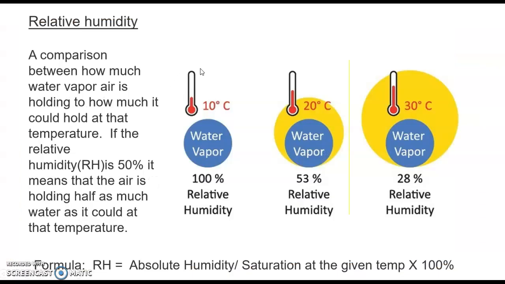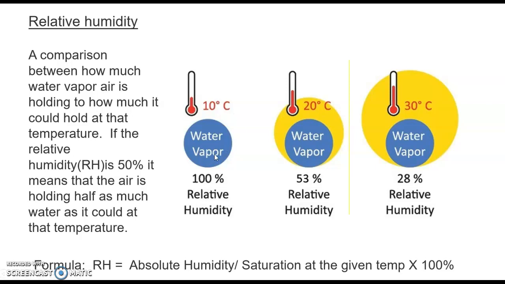Now, a more useful measure of humidity is relative humidity. When they say relative, that means there's a comparison going on. And what we're comparing is how much water is actually in the air versus how much water could be in the air at that given temperature.